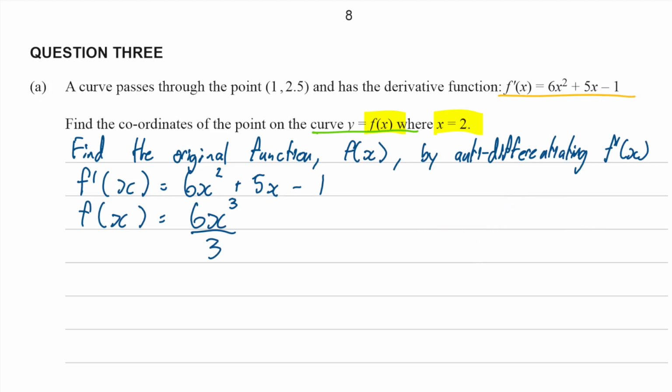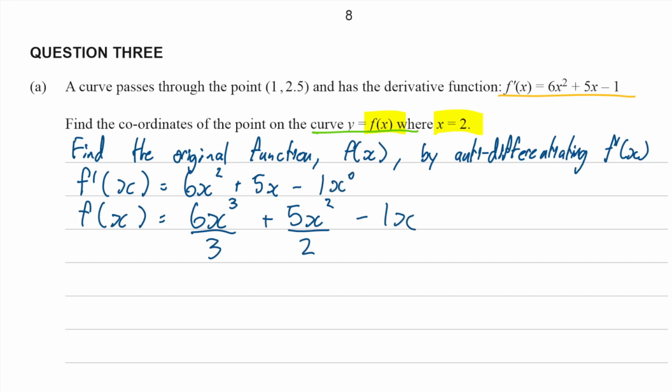So you can always check your answer by differentiating. Alright, the next term, plus 5x, becomes plus 5x squared, right, we added 1 to the power and divided by the new power, 2. The antiderivative of minus 1 is minus 1x. Right, and where does that come from?